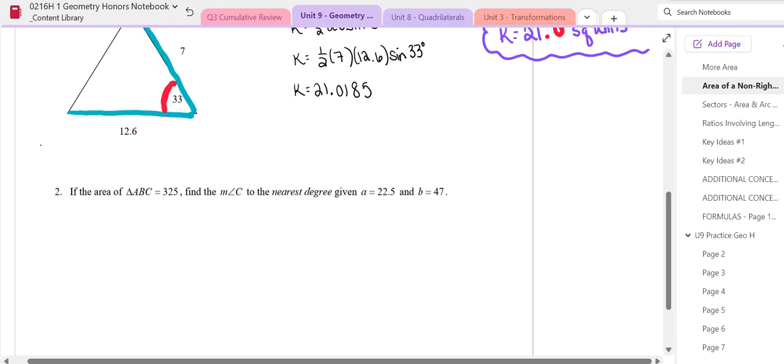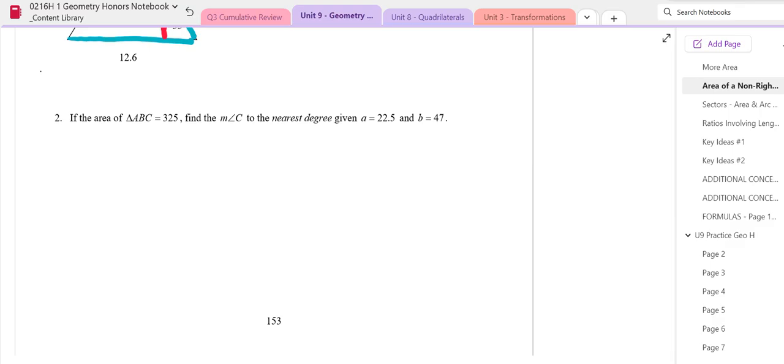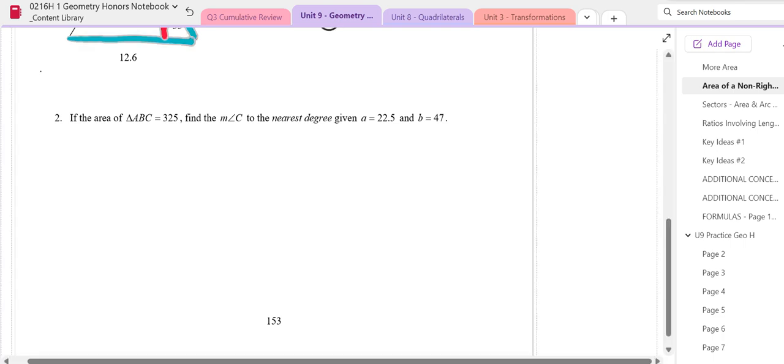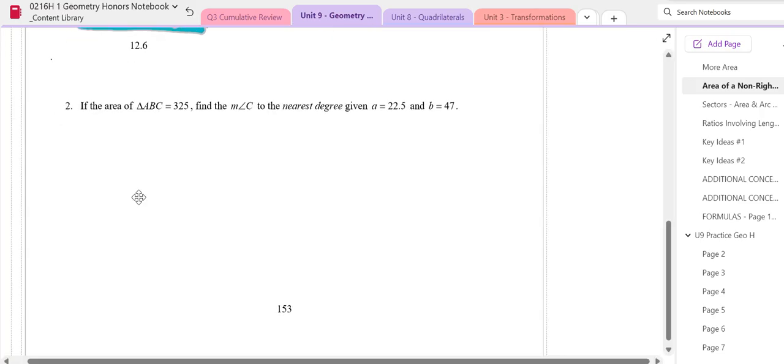Number 2 is a twist on this idea. In this case, instead of finding the area, they are telling us that the area of the triangle is 325. They're asking us to find the measure of the angle given the lengths of two sides. So just so that I've got a good visual on what's happening, I'm going to draw a picture.